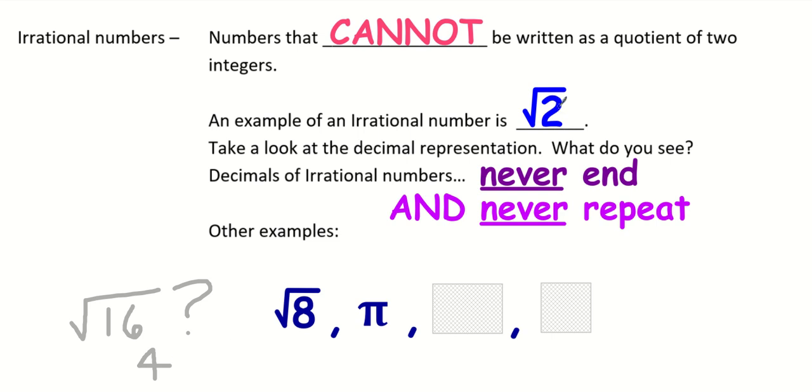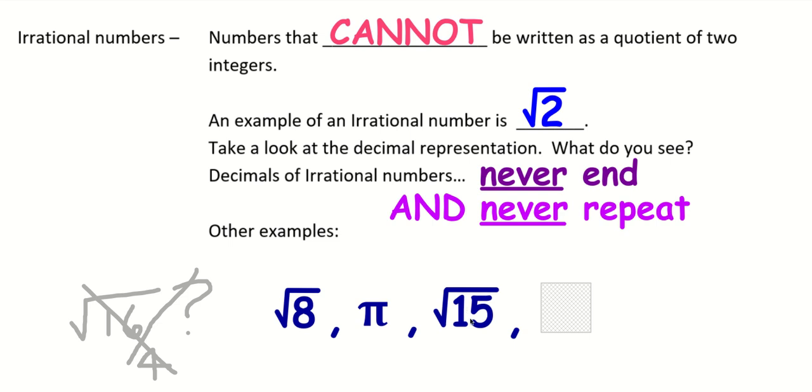The square root of 2, not very nice. This decimal is crazy. The square root of 8, not very nice. This decimal is crazy. But the square root of 16 is actually rational. This is very rational. This is very irrational. Another square root, okay?